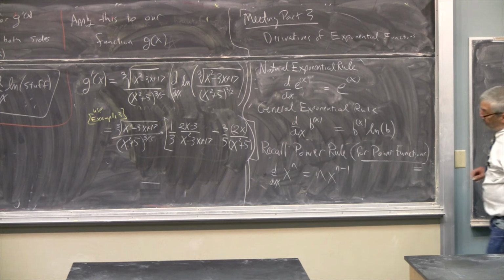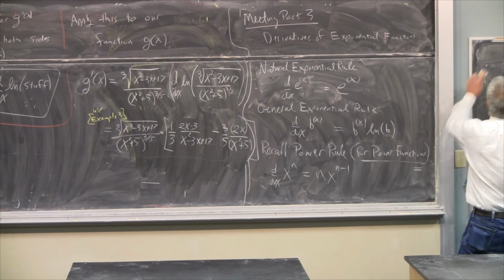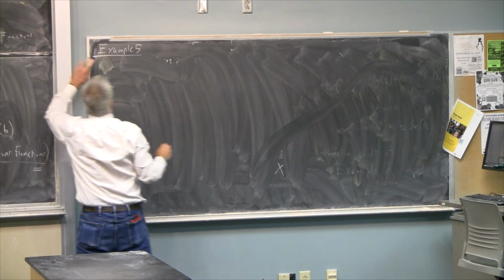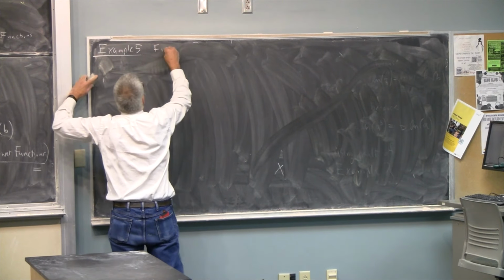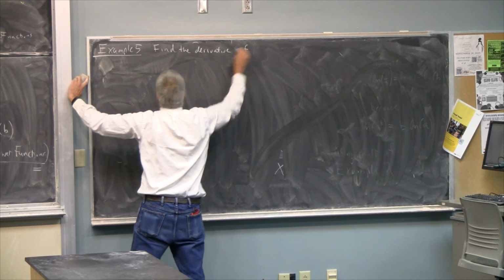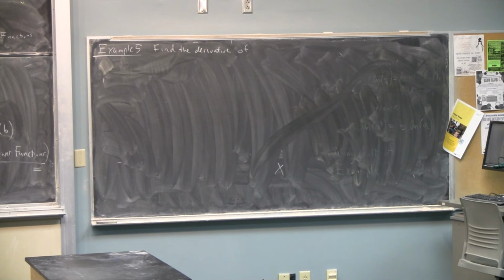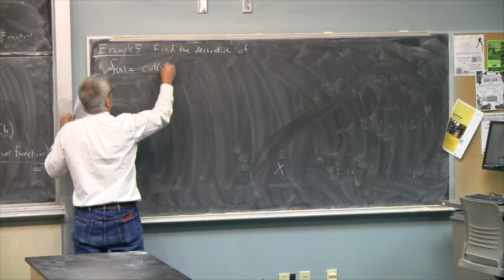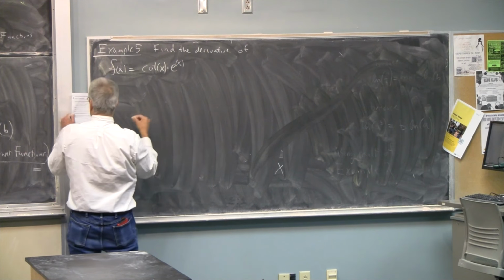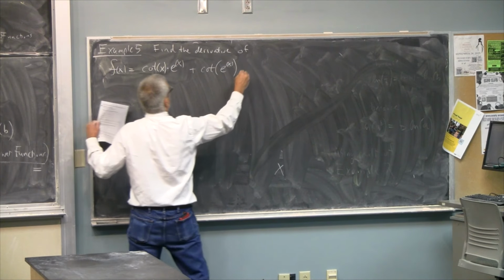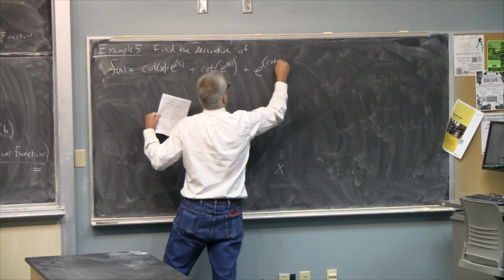All right, example 5. Find the derivative of f of x equals cotangent of x times e to the x, plus cotangent of e to the x, plus e raised to the cotangent of x.